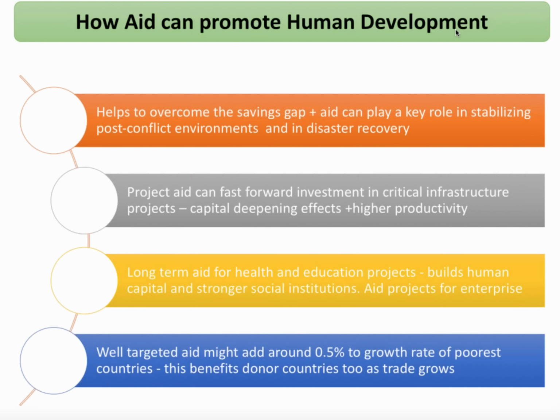Well-targeted aid can lift human capital, improve health outcomes, etc. Paul Collier, the development economist, argues that well-targeted aid that has value for money could, in theory, add about 0.5% to the growth rate of the poorest countries. So there's a case for saying aid still has a role to play.